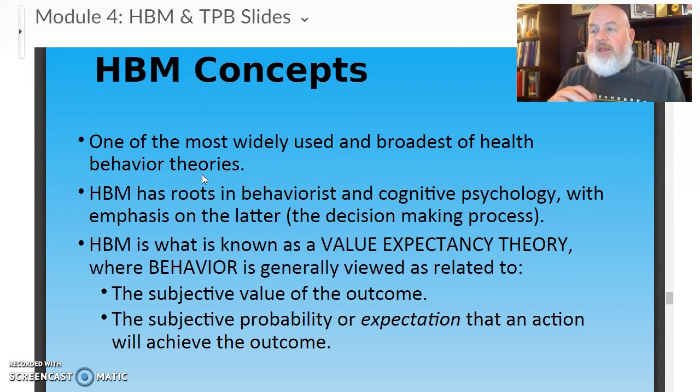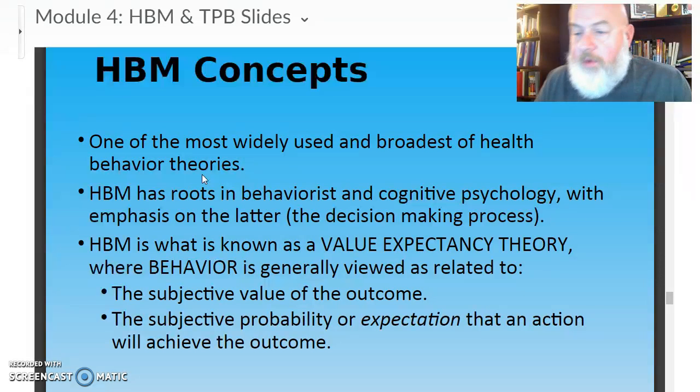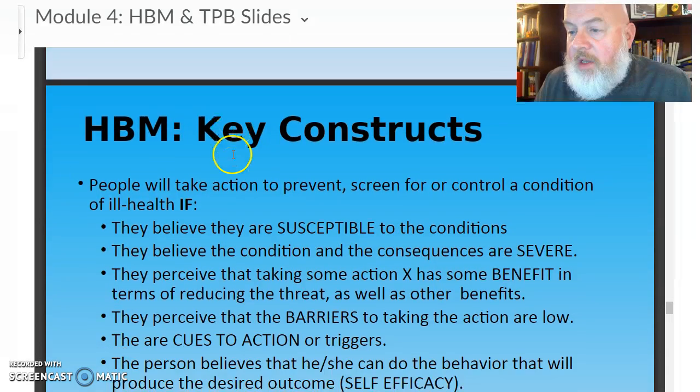It's one of the most widely used and the broadest of health theories. It's a value expectancy theory where behavior is generally viewed to be the subjective value of the outcome, and the subjective probability or expectation that an action will achieve the outcome that they're looking for. And these are all good things.